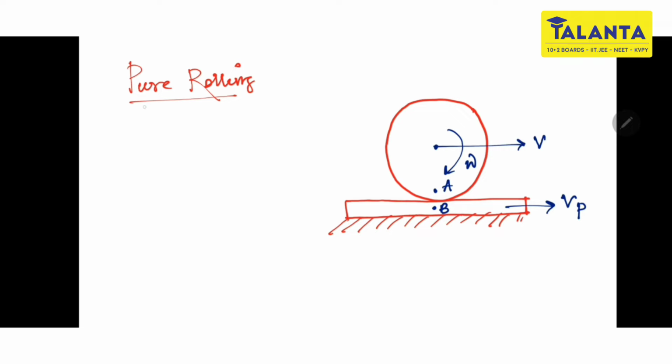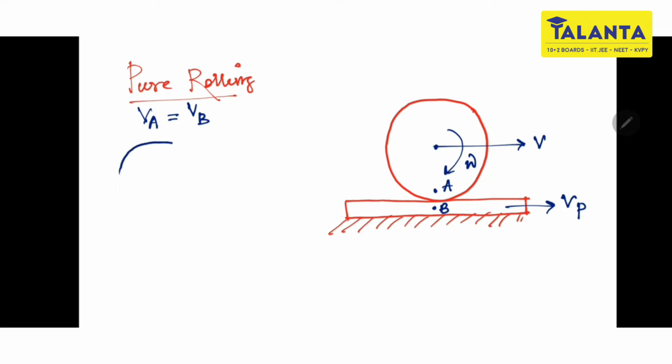We have chosen 2 points A and B, one on the rolling object and the other on the plank. Both these points are in contact. For pure rolling, VA must be equal to VB.